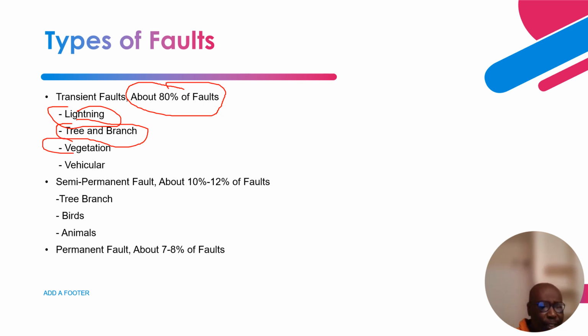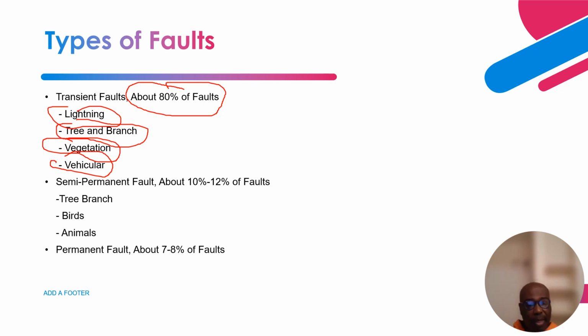You can also have vegetation, right? Vegetation is basically tall grasses and the like that can lean on these phase conductors and cause a temporary fault. Then you can also have vehicular causes, right? Sometimes people driving heavy trucks or other vehicles can run into a pole, and that can cause a phase-to-phase fault.